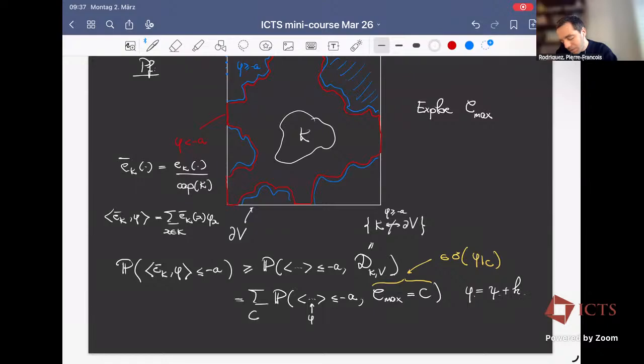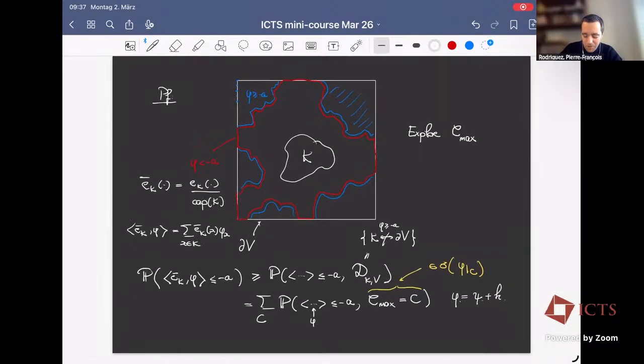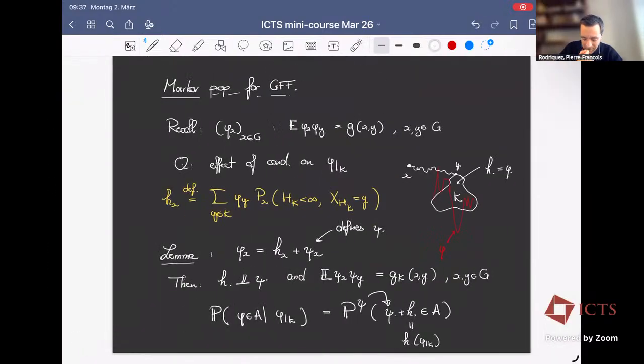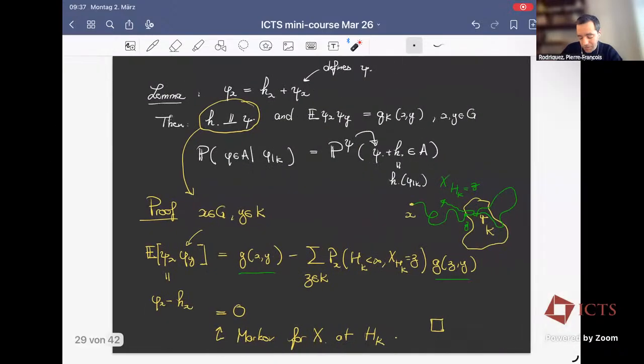So remember, when you do that, this depends on a choice of the region you condition on, and I want to condition on the region C. So I'm using this with K in my previous notation being equal to C. Okay, so if you go back to what I was writing before, I'm doing this harmonic decomposition that you see here, and I'm conditioning on the field restricted to C.